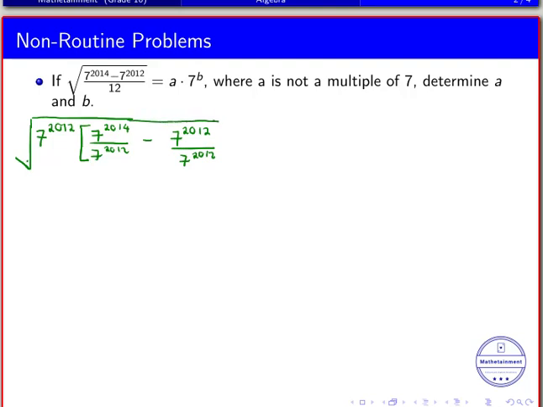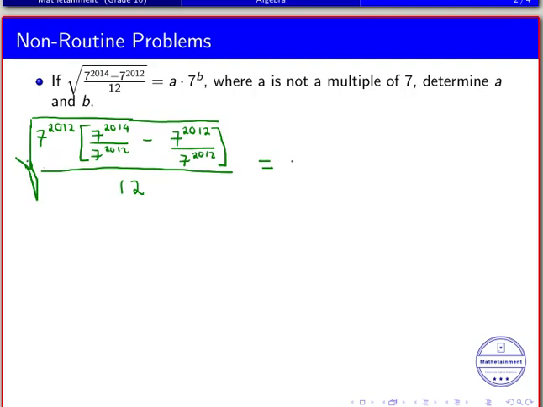I'm closing my brackets now. This is all over our denominator underneath the square root, which is just 12.